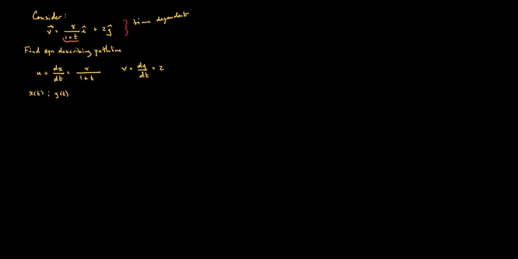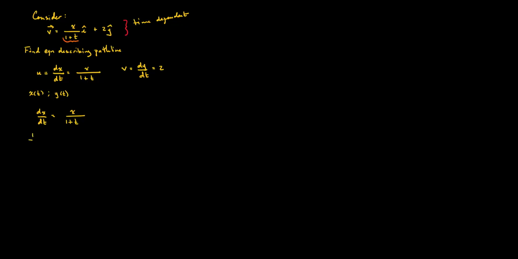So if we look at the x component first, right? So we have dx by dt is equal to x divided by 1 plus t. And again, this is a fairly straightforward differential equation. It's first order. It's separable.